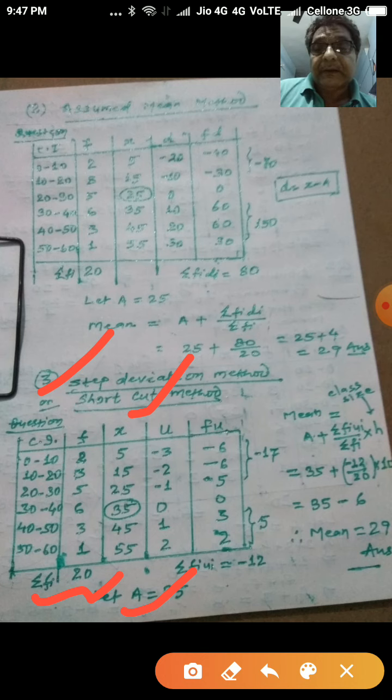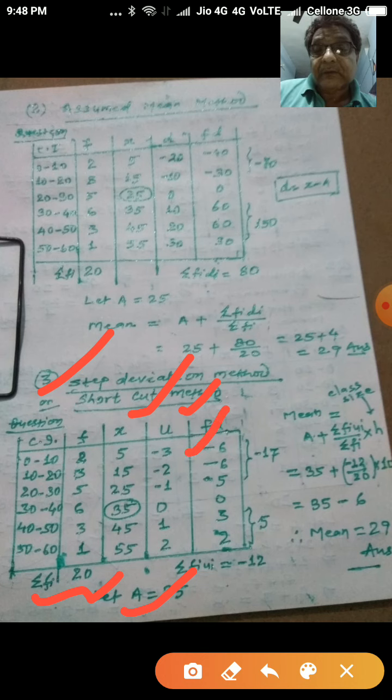Now we will find u. It is also a deviation, but u is calculated as x minus a divided by h, where x is the class mark, a is the assumed mean, and h is the class size. So 5 minus 35 divided by 10 gives minus 3.